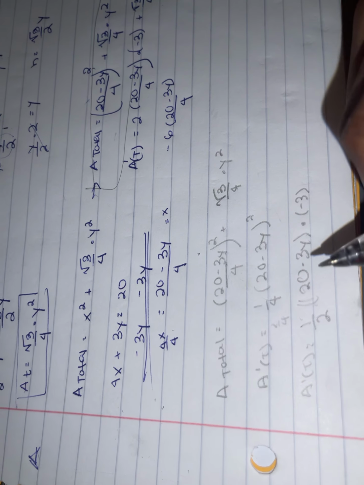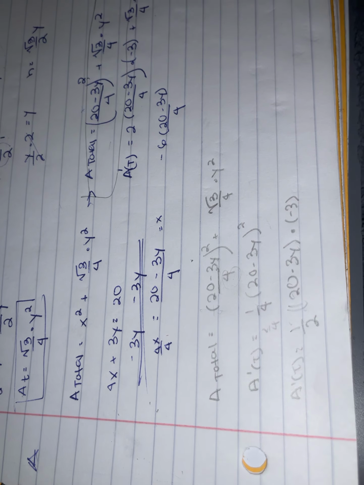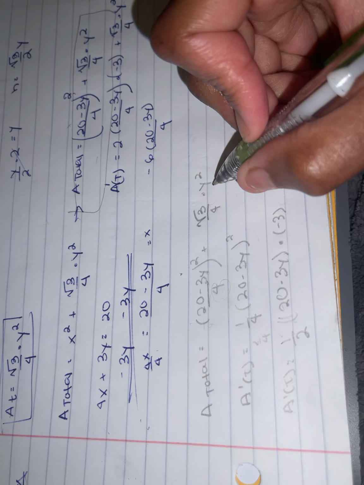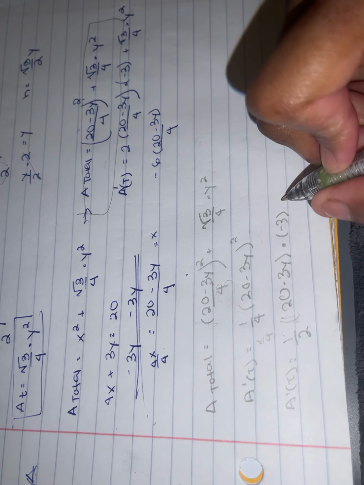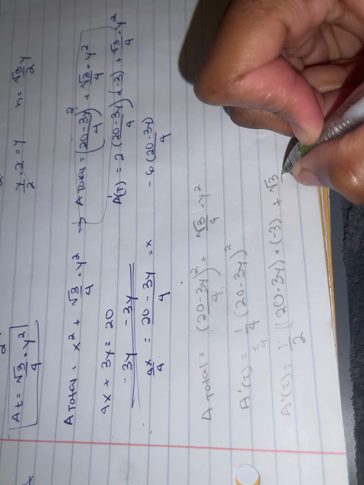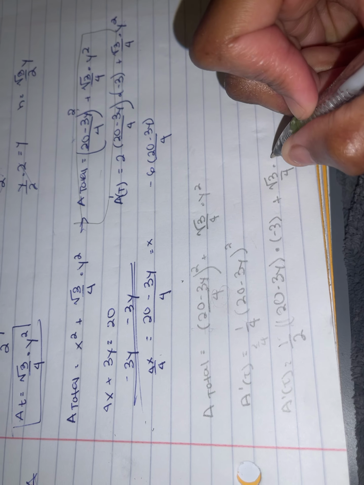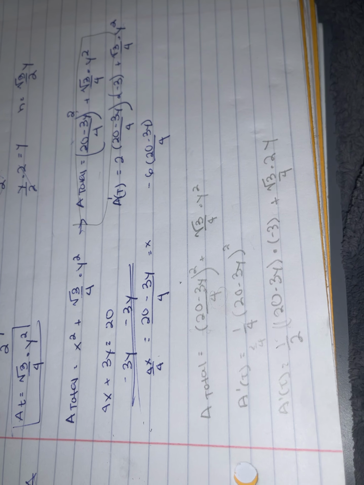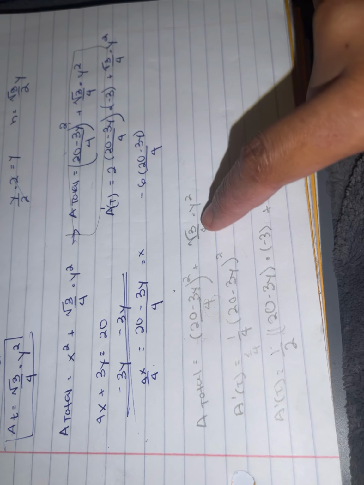Okay, if you can always take out the fraction, just do that to make it easier in terms of finding the derivative. And then here I have y squared, and the derivative of that is plus root 3 over 4 times 2 times y.